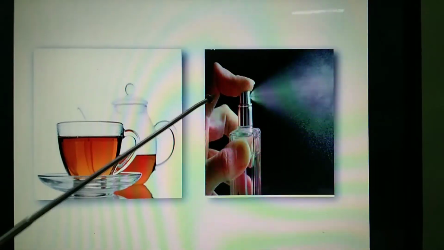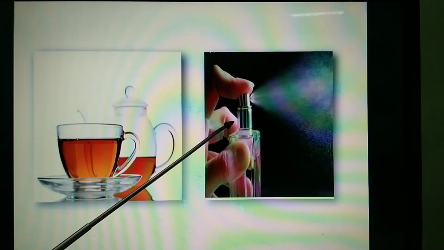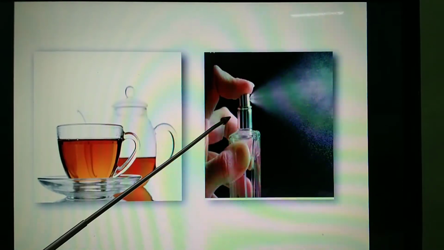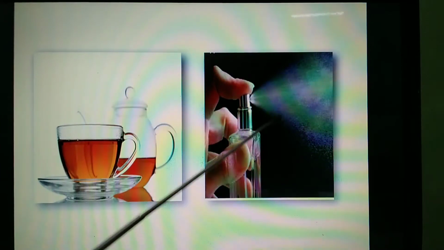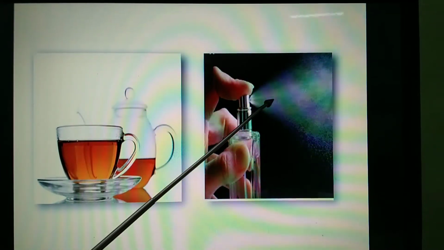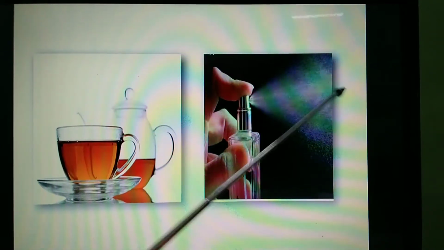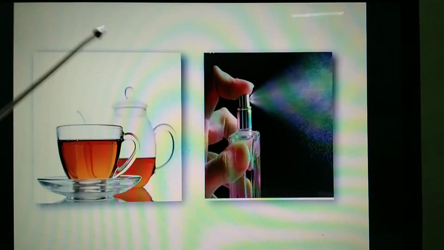For example, if you are spraying a perfume in one of the rooms that you are standing in, the fragrance of the perfume will be transferred from the high concentration to the low concentration in another room.